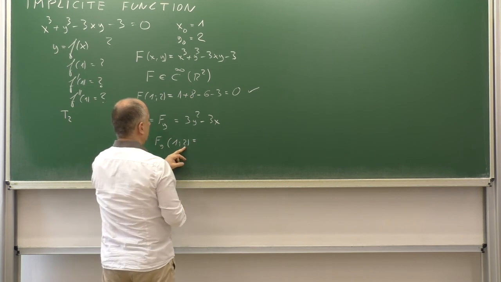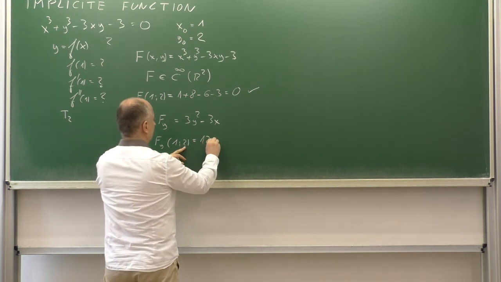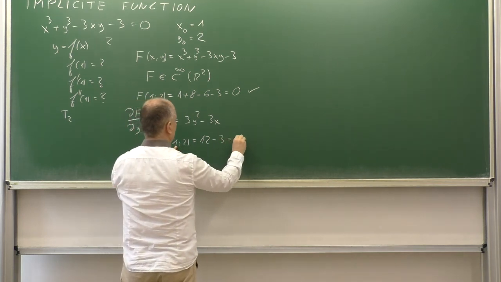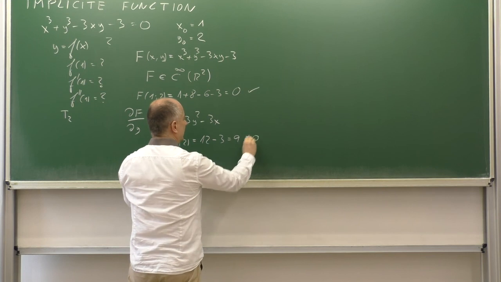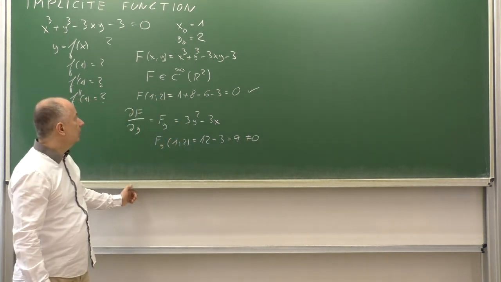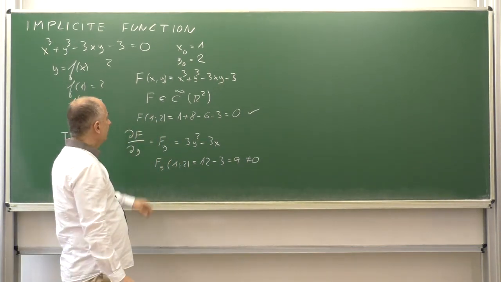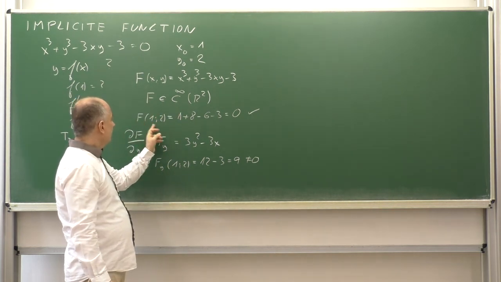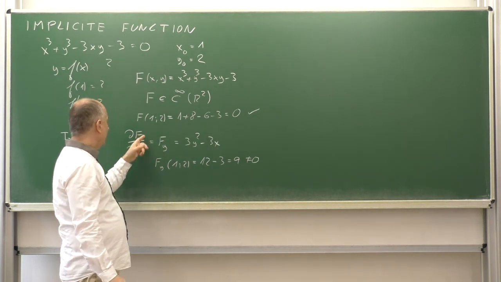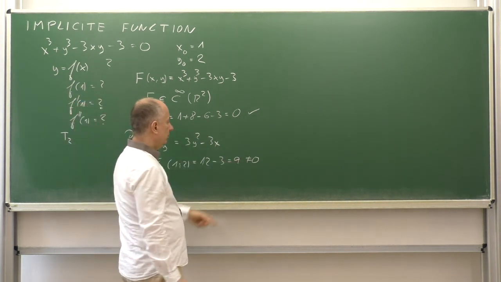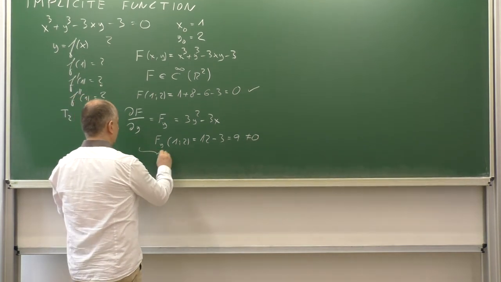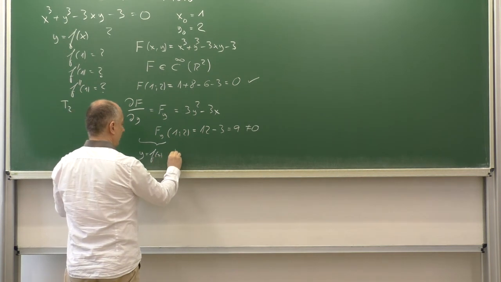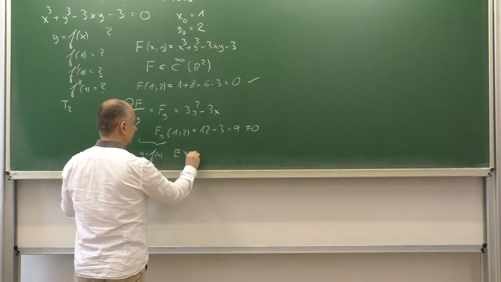If y is 2, we have 12 minus 3, which is 9, and this is different from 0. That's good, because then, using these three results, F is continuous and has derivatives, the function value is 0 at this point, and the derivative at this point is different from 0. That means such a function y as a function of x does indeed exist.